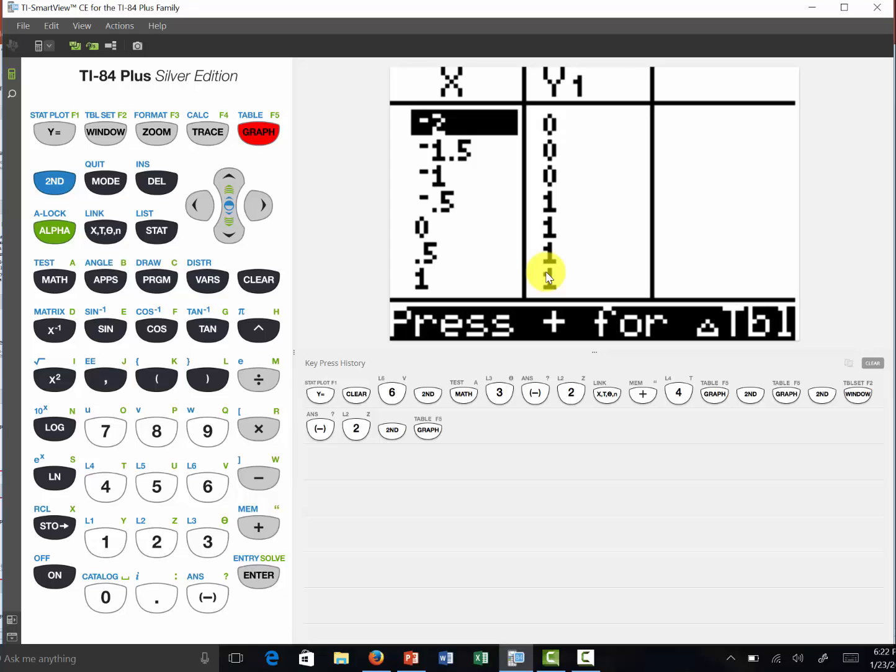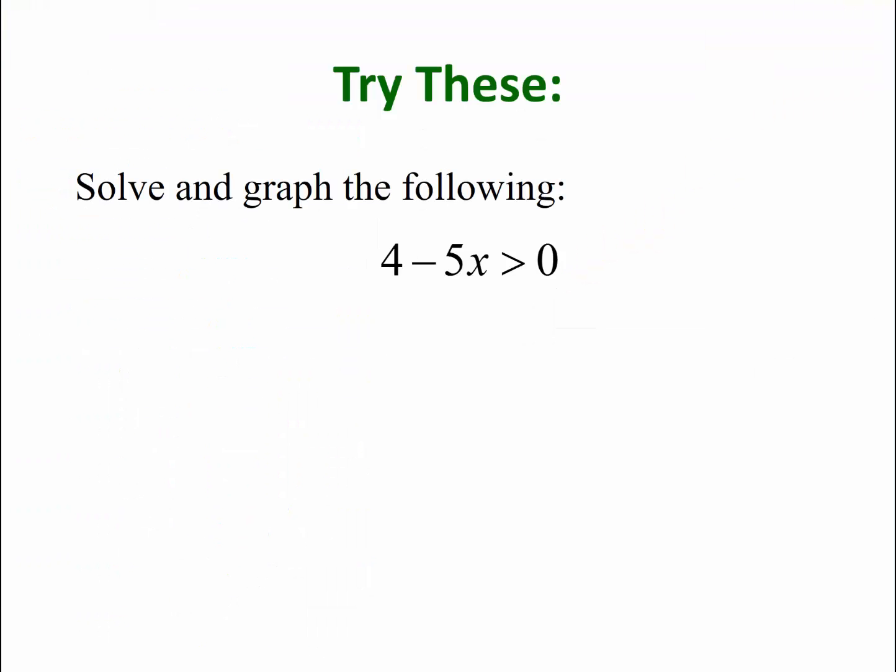Let's do one last example. The last example, 4 minus 5x is greater than 0. To solve this inequality, I need to get x by itself. I need to get rid of the 4, and then I need to get rid of the negative 5. Subtract 4 from both sides, and we have negative 5x is greater than negative 4.